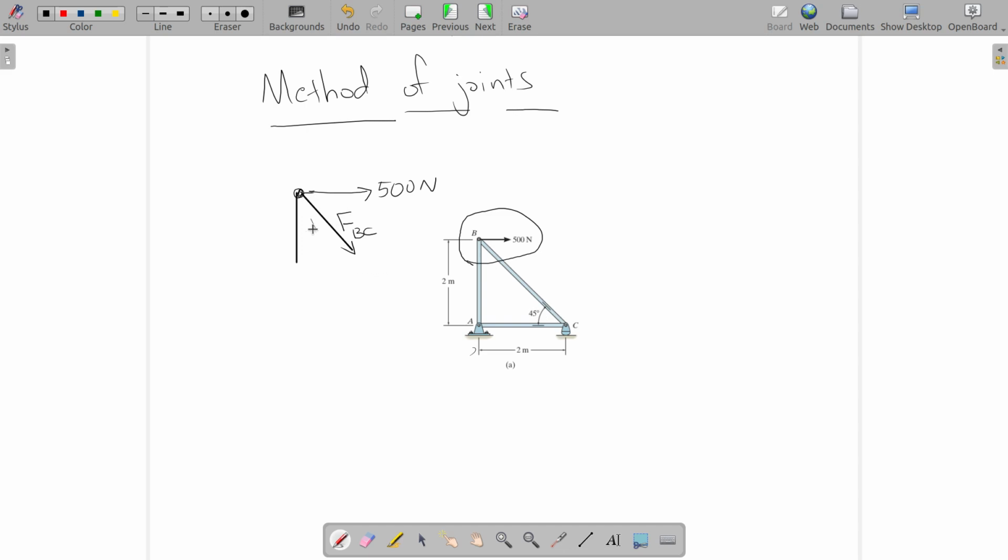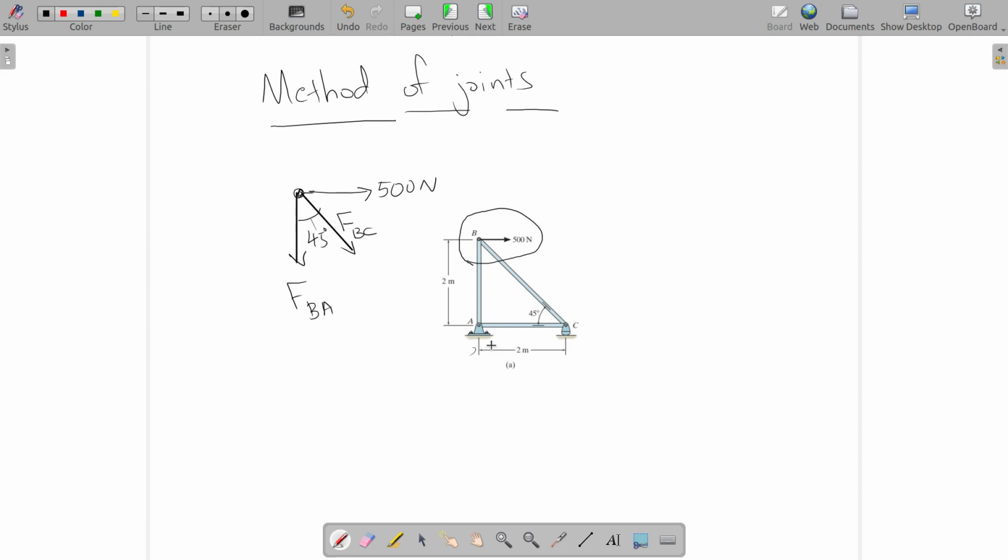You cannot push towards the joint with a rope, because a rope cannot withstand compression. So here also you assume that in BA you have tensile force, so FBA. Now this angle is 45, and that means this is also 45.